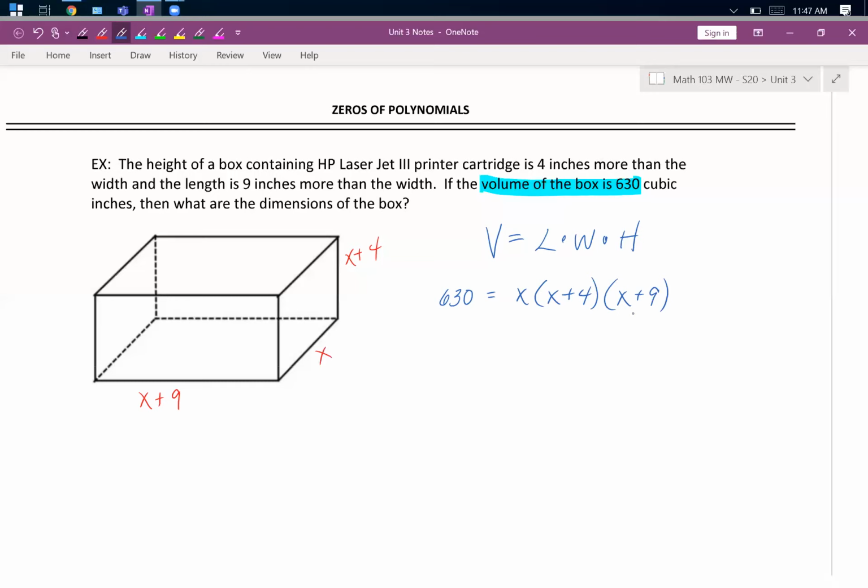In order to solve, we need it to be equal to 0. So we actually need to multiply all this out, set it equal to 0, and then check some possible rational zeros and try to get this factored. I'm going to start by multiplying the two binomials out.